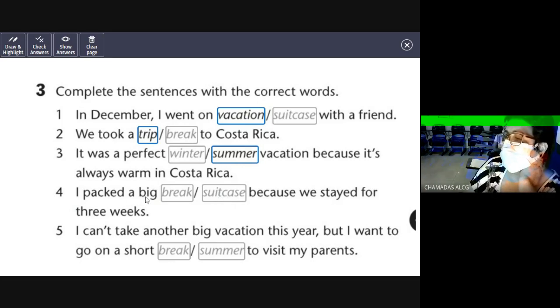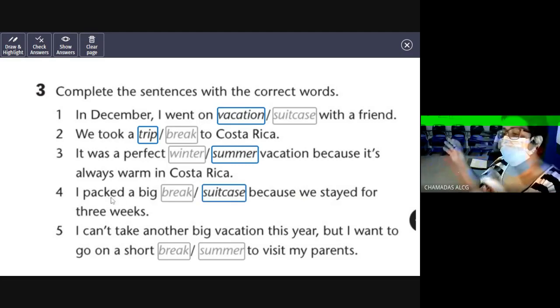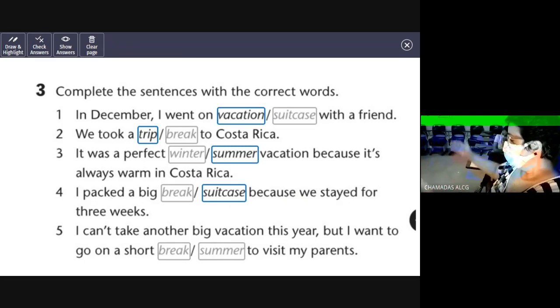So we packed a big suitcase because we stayed for 3 weeks. So to pack is when you put your clothes and your belongings inside a suitcase to travel, okay? So you pack. In this case, it's in the past.